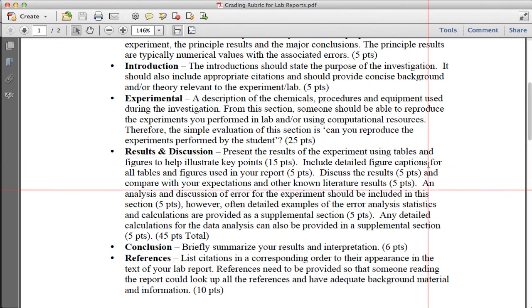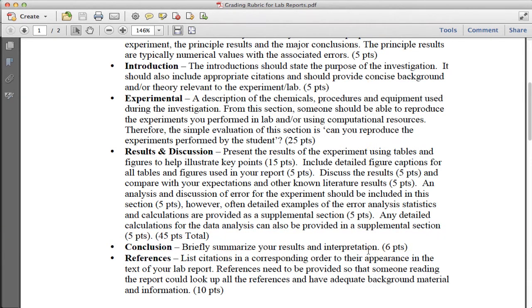So a lot of emphasis is placed on that, as well as being able to show in detail how you did your calculations and your error analysis. But a lot of those detailed calculations can just be put in the supplemental section. So at the very end of your report, just have a separate supplemental section. Again, a lot of common journal articles now have supplemental information.